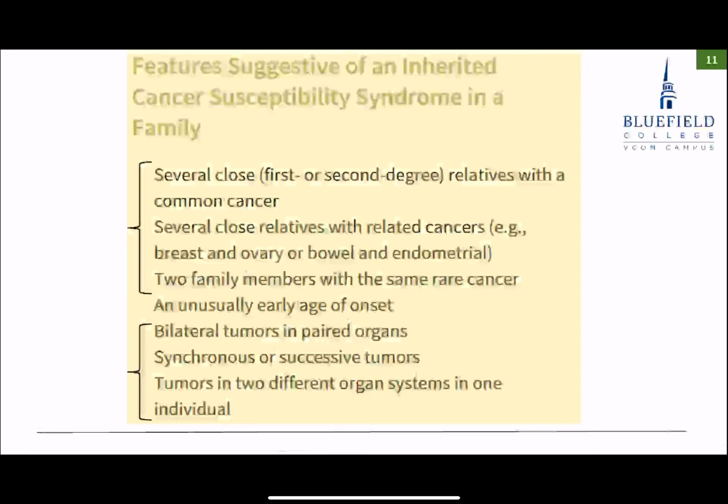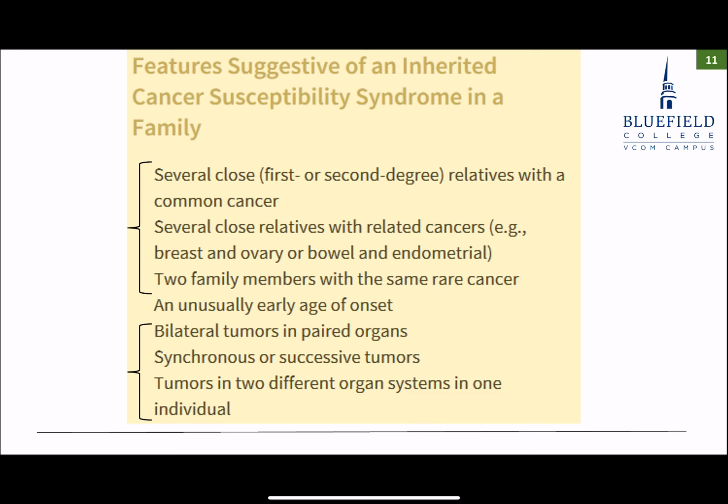It also applies when several close relatives have different related cancers, like breast and ovary cancers, or when two family members have the same rare type of cancer. Because it's so rare in the population, when relatives have it, it suggests that there's something going on in the family that it's inherited.